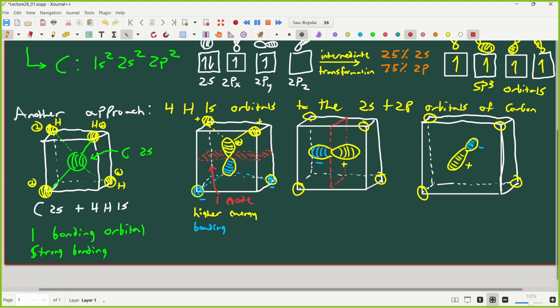You have this nodal plane right here, and that gives us, once again, a very easy decision to make. These two on the right are going to be positive. And these two on the left will be negative.